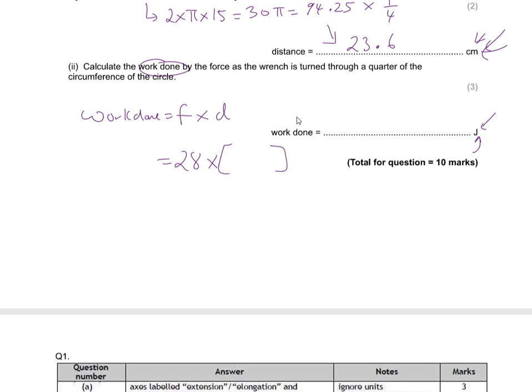Convert centimeters to meters. So therefore, it's going to be 0.20. And this will be 6.6. So the answer is 6.6.